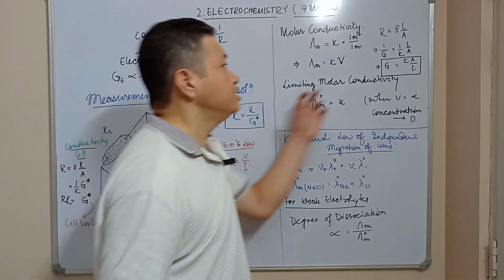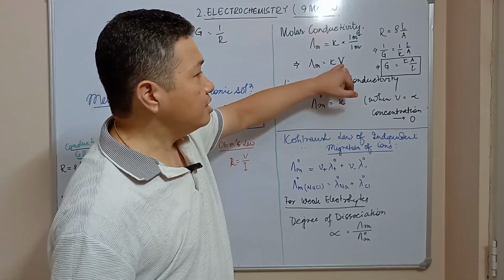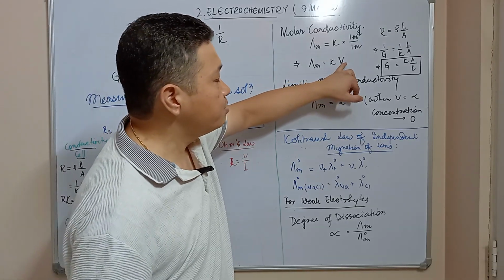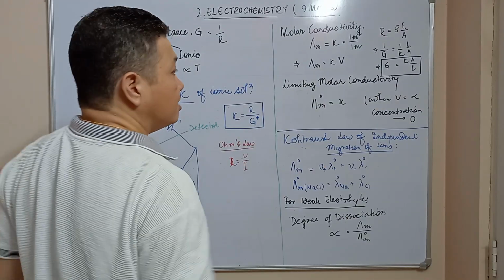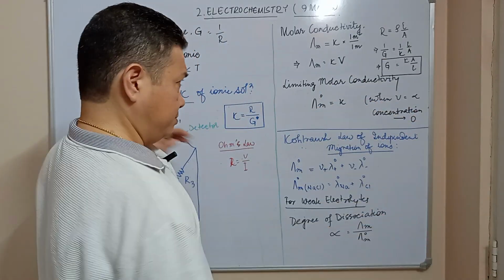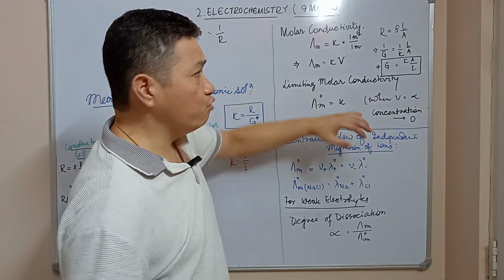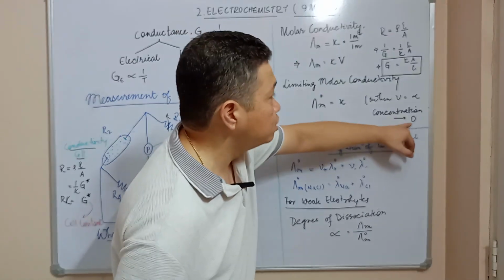Fine. What about limiting molar conductivity? We find that as the volume increases, the molar conductivity will increase. So at infinite volume, when the volume approaches infinity, that means the concentration becomes zero, or near zero.